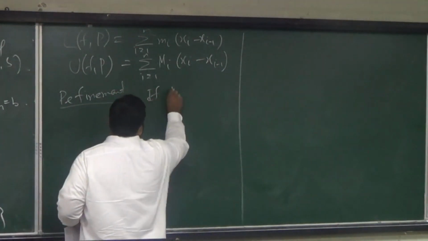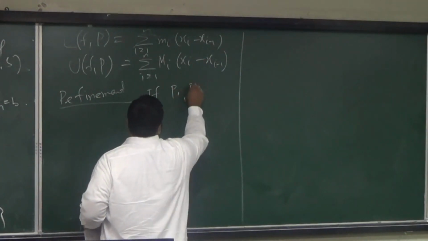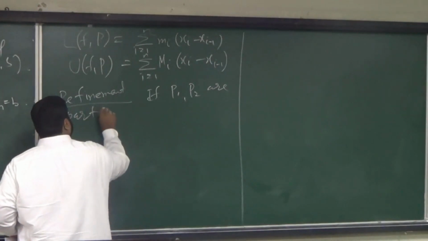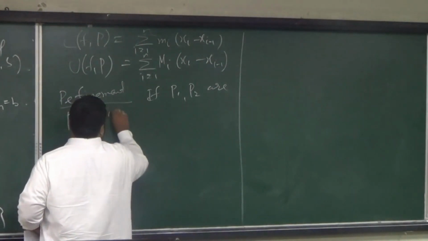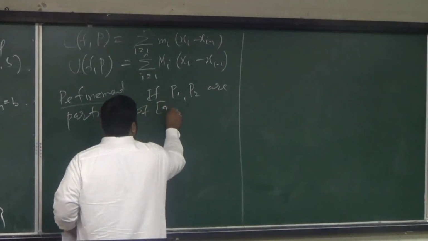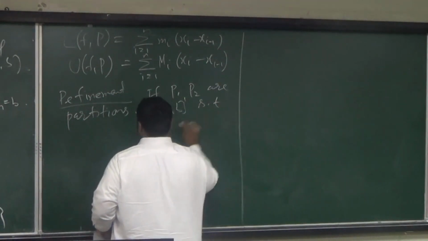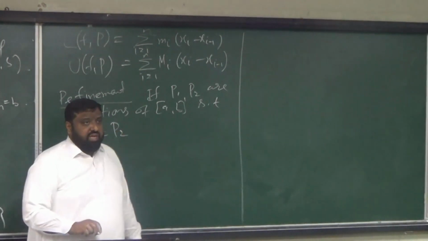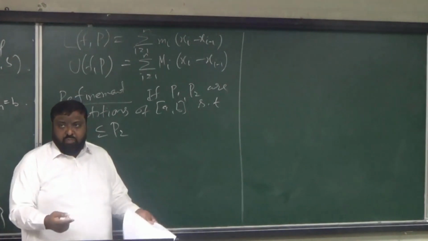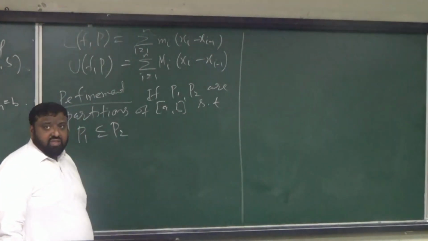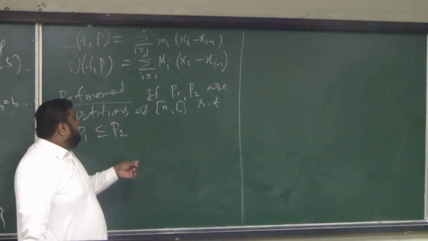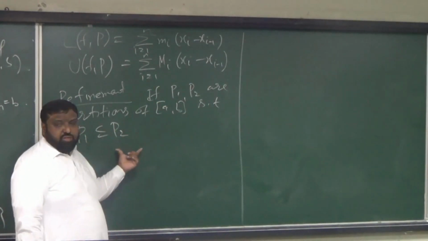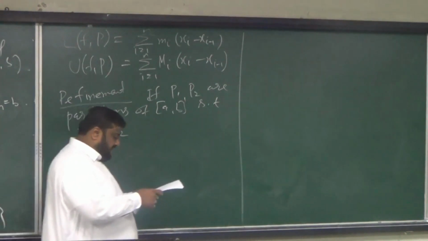So if P1 and P2 are partitions of the interval [a, b] such that P1 is contained in P2, okay, so it's like P2 contains more points than P1. In other words, with respect to P1 you have fewer subintervals, and with respect to P2 you have more subintervals.